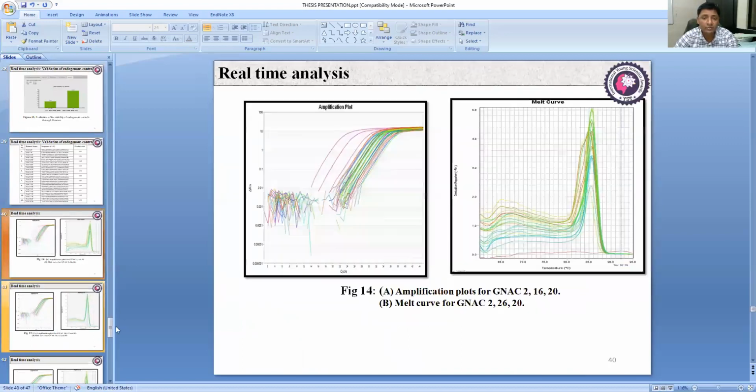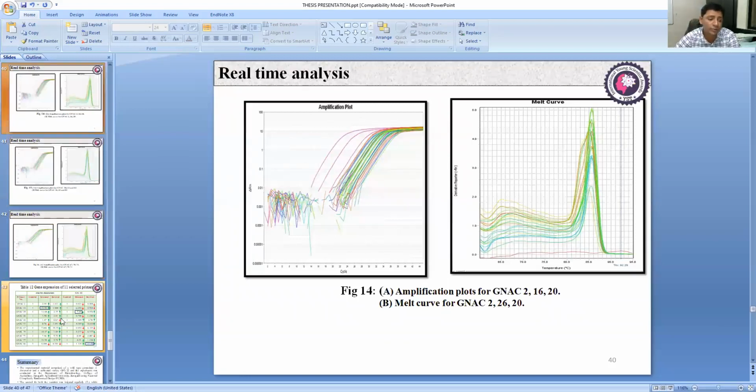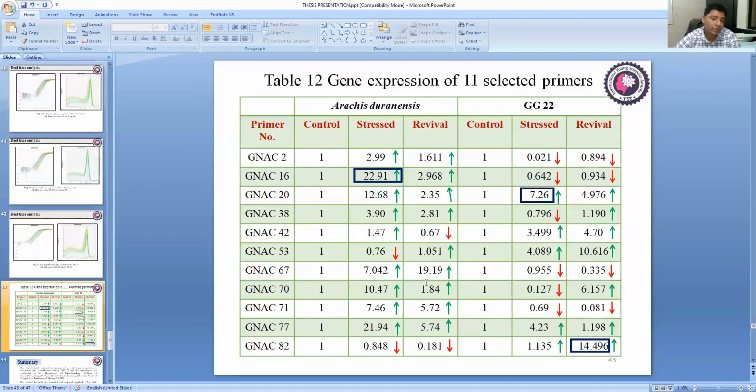If you see the values, the validation is different in both conditions. Similarly, the amplification plots and the melt curves seem to be different. Among the different genes regulated while imposing drought stress, gene 16 is upregulated in the stress conditions in the wild cultivar, and similarly it is also upregulated in the stress conditions in GJG22. In the same way, gene 82 is also regulated in the revival conditions, at 14.496.